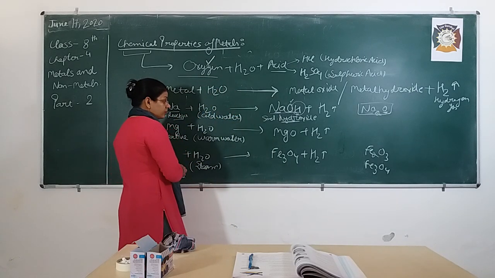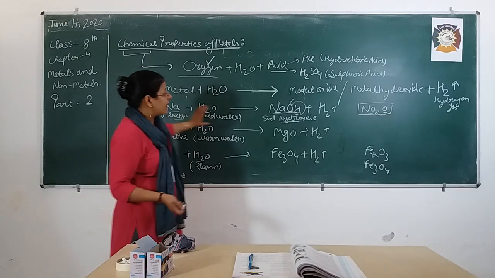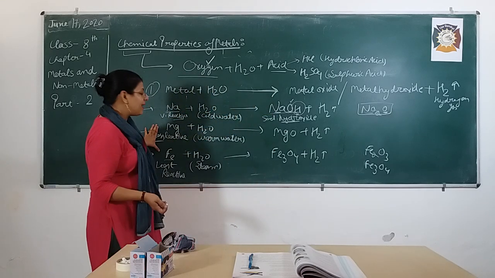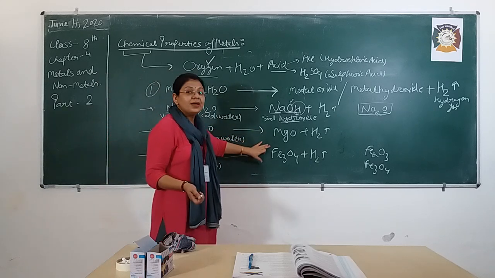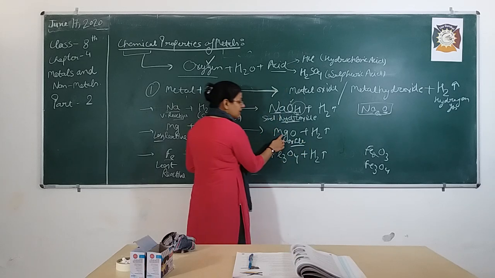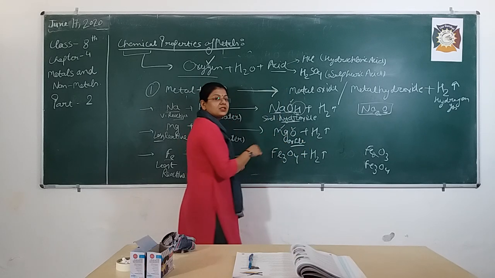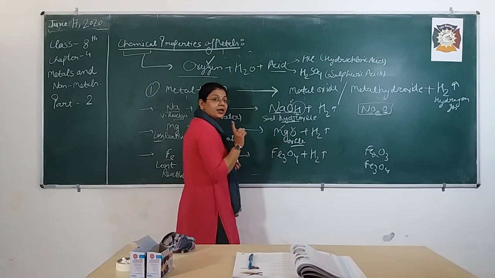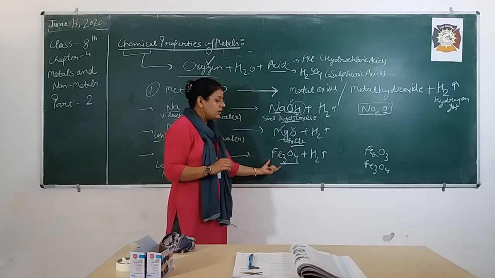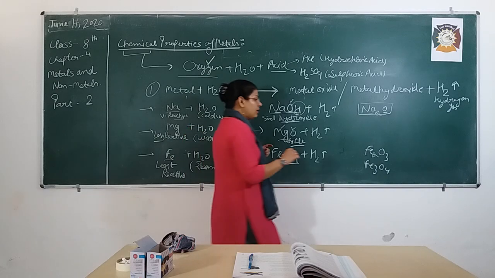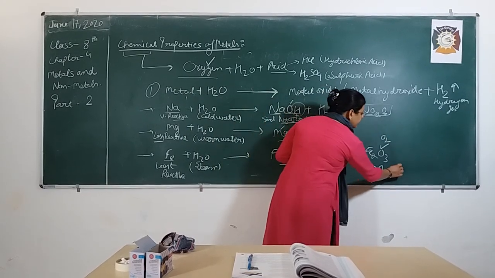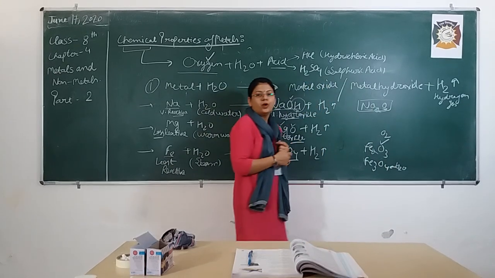Here sodium on reacting with water leads to the formation of hydroxide, but in the case of magnesium and iron the products formed are their oxides, because as you can see in this formula only magnesium and oxygen are present but not hydrogen. The same is in this case. Iron can form two oxides: Fe2O3 on reacting with oxygen and Fe3O4 on reacting with water.